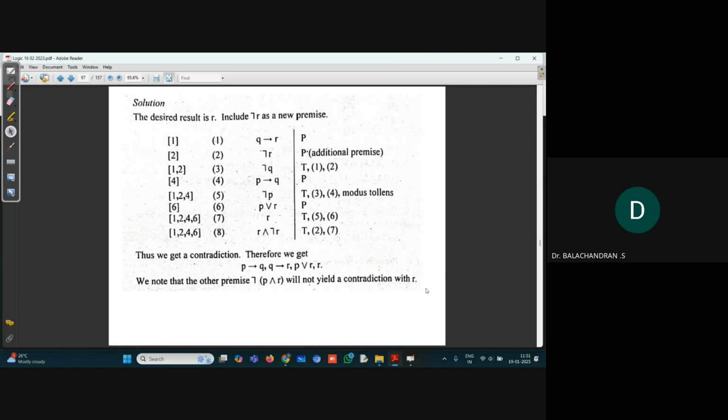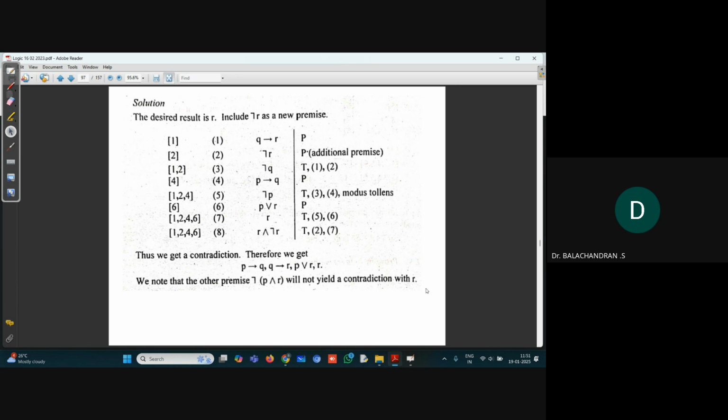So this is somewhat... I can't agree with this problem. I suppose we can't ask this problem in the examination because the students may be confused. Because everybody is told, every professor tells you, that you should use all the premises, and then only will you finally get the contradiction. But here, without using one of the premises, I am getting the contradiction.